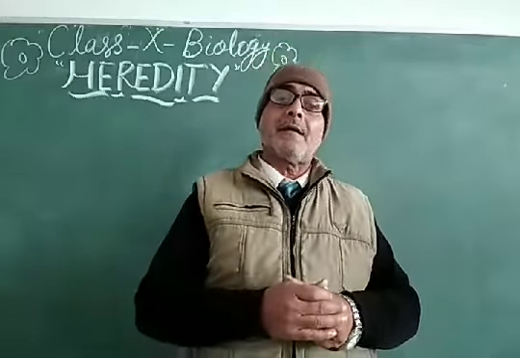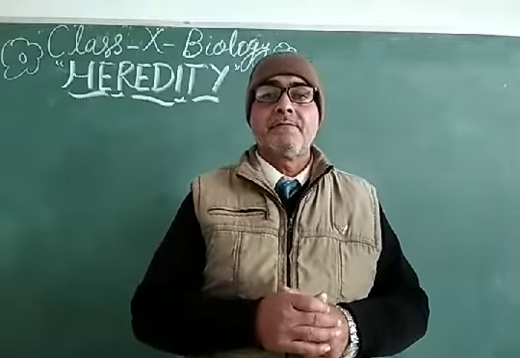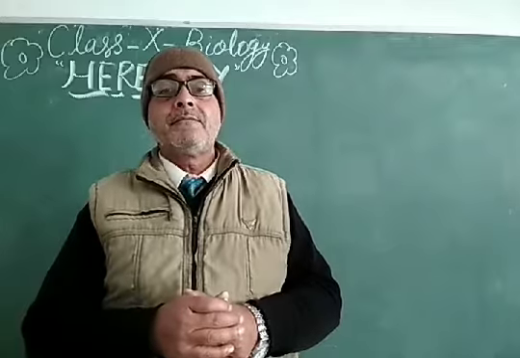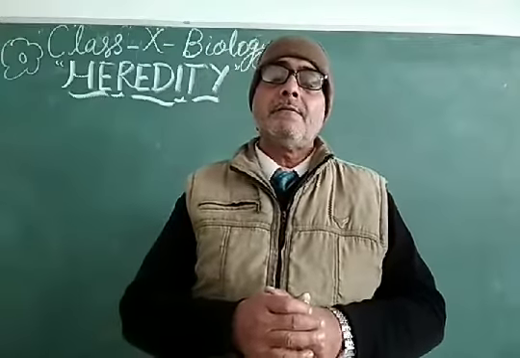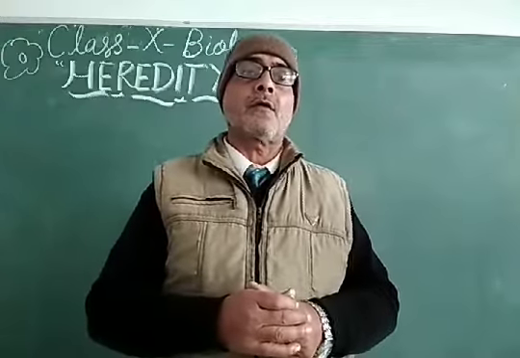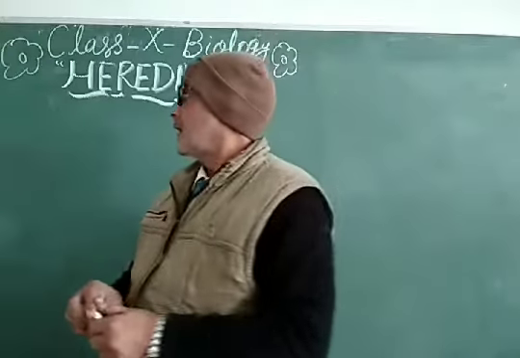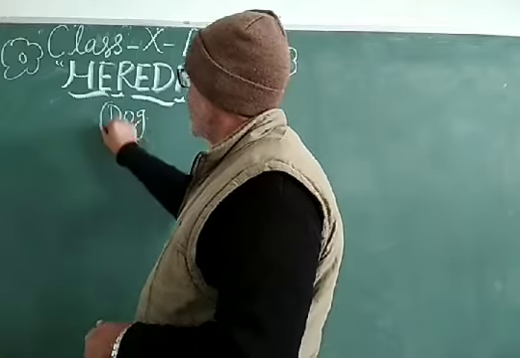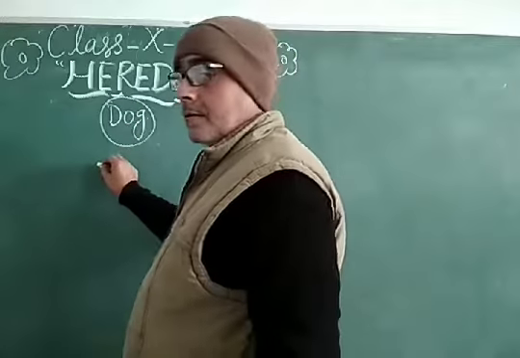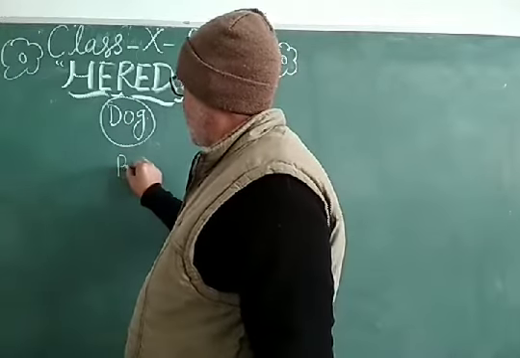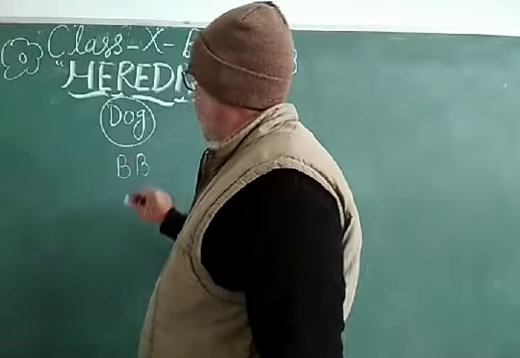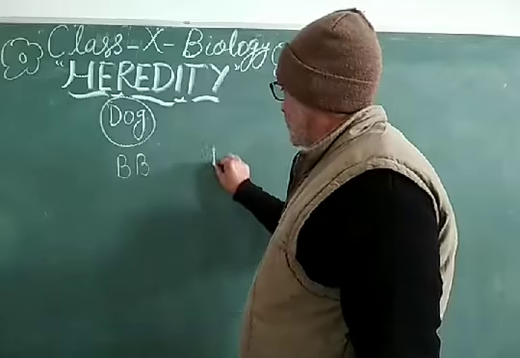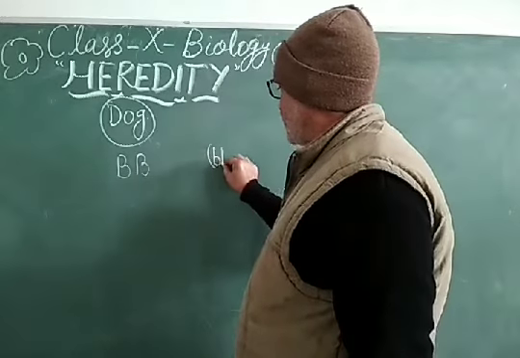Dear students, take the example of some animals, like a dog. One dog has a black coat color, represented as capital B, and a white coat color dog is represented as small b, small b.